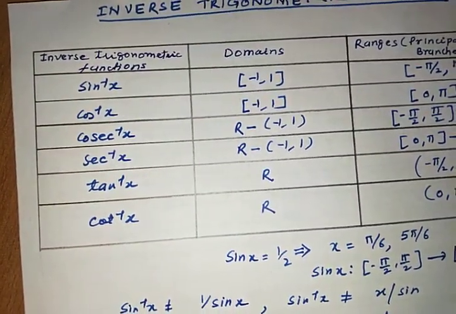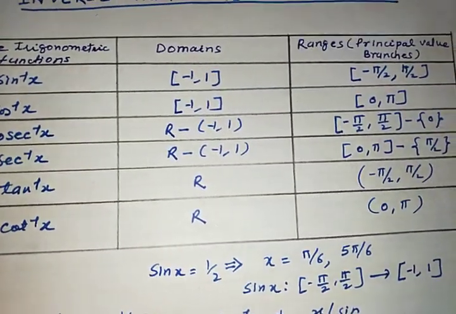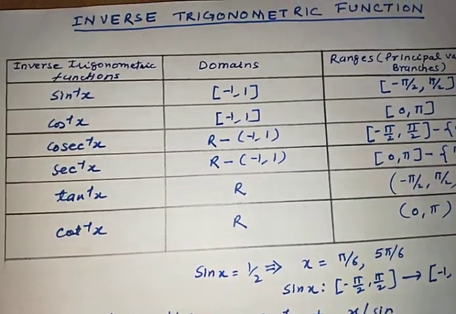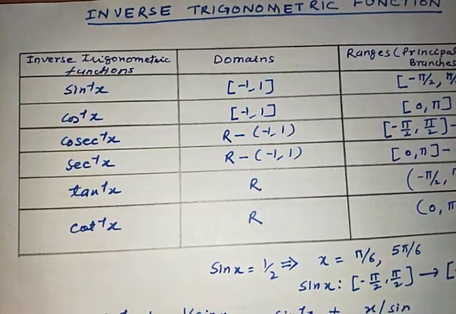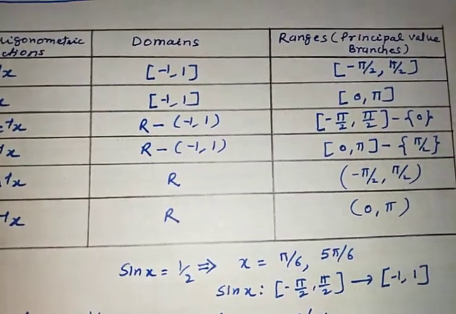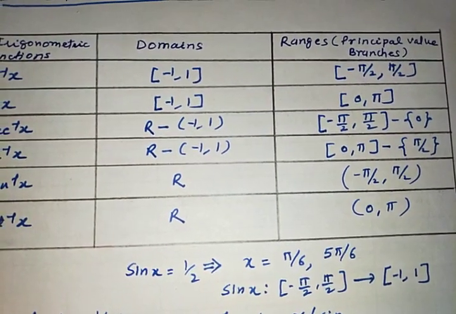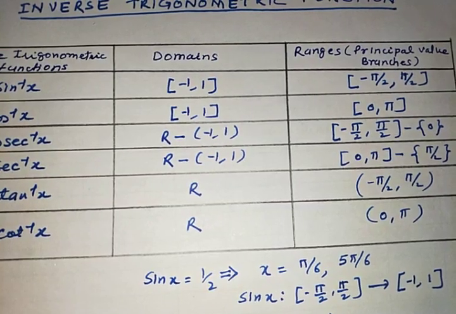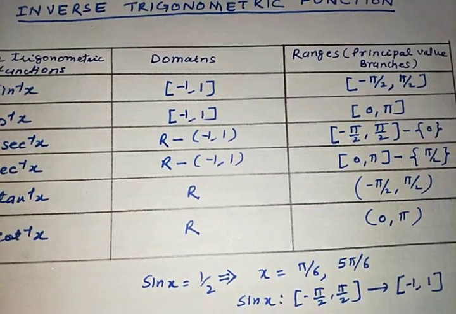Cos inverse x has domain minus 1 to 1, and its range is 0 to pi. And similarly we can see cosec inverse x, sec inverse x, tan inverse x, cot inverse x, and so on. So please learn all these 6 inverse trigonometric functions, their domains and their principal value branch.